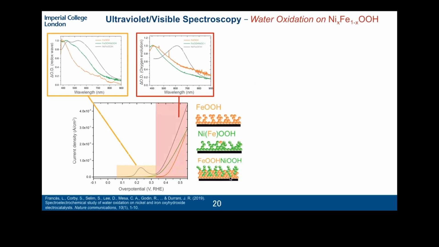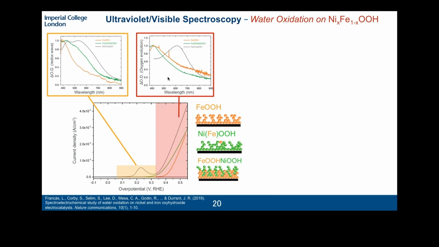So for example, this is water oxidation on nickel iron oxyhydroxide. You have iron oxyhydroxide and then iron incorporated in a nickel oxyhydroxide matrix, at either small levels of doping or significantly large levels. And here, by measuring the spectra as a function of potential, you can see two distinct things one can draw from this kind of analysis.